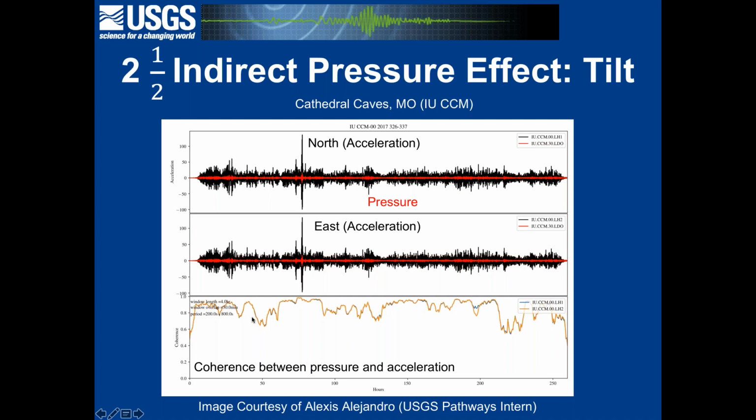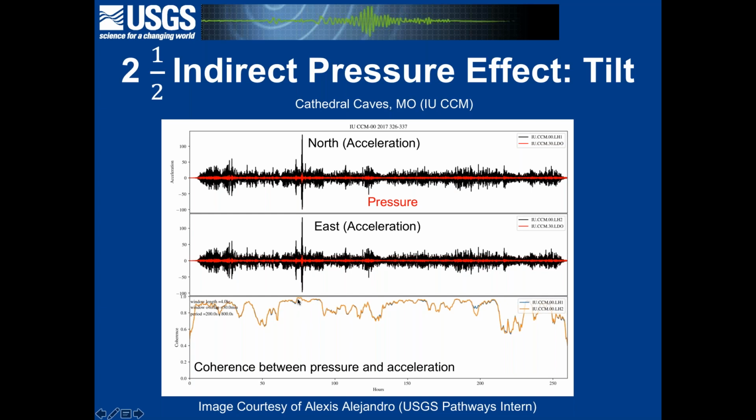And down here, I'm showing the coherence between pressure and acceleration between 200 and 800 seconds period on these horizontal components. You can see that for this about 11-day period, the coherence is quite high between pressure and horizontal acceleration at long periods, showing that this signal is being almost entirely driven by pressure-generated tilt at this particular site.